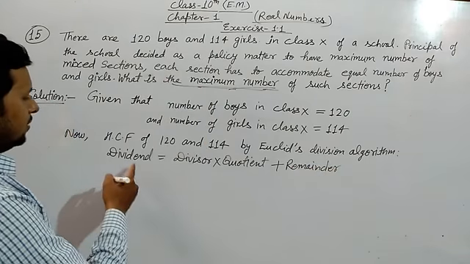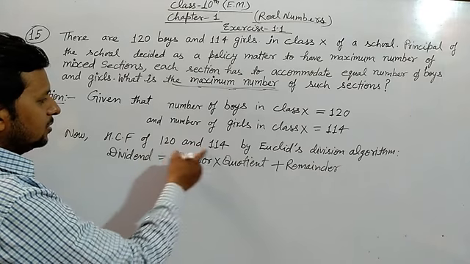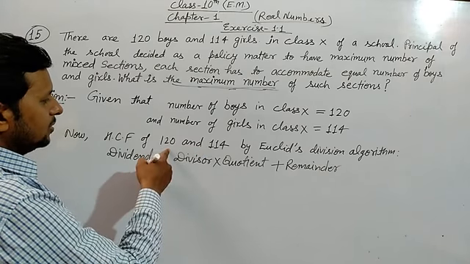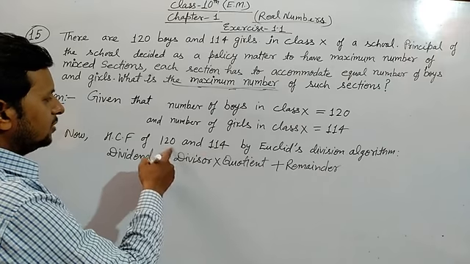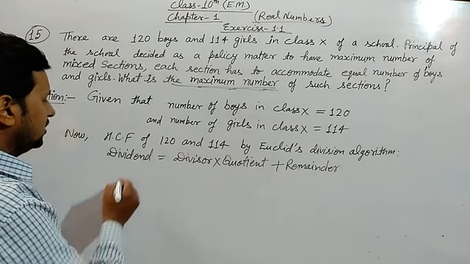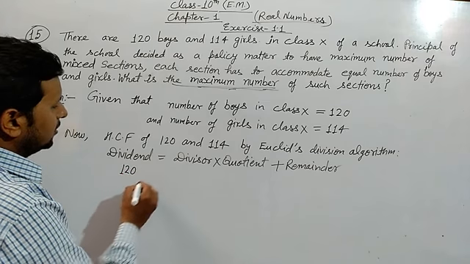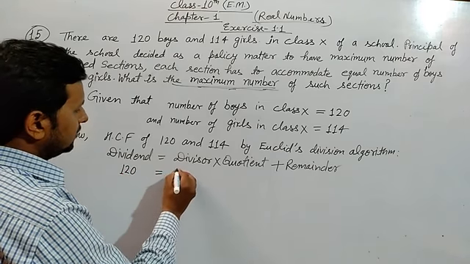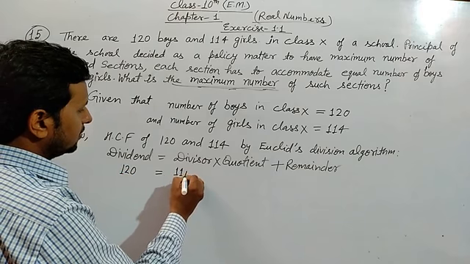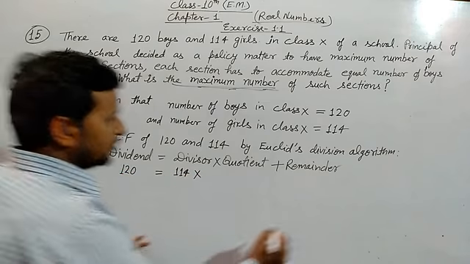Okay. Now our dividend is the greater number. What is the greater number of these two numbers? 120 is greater than 114. So we select here dividend 120 is equal to divisor 114. Now what is the quotient?